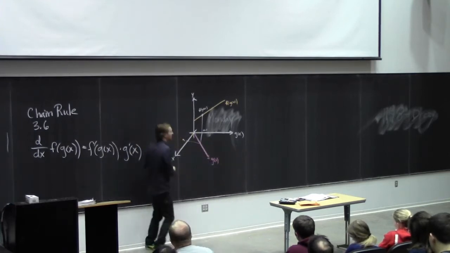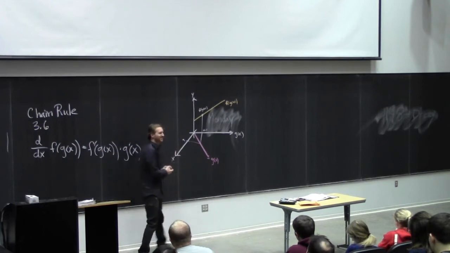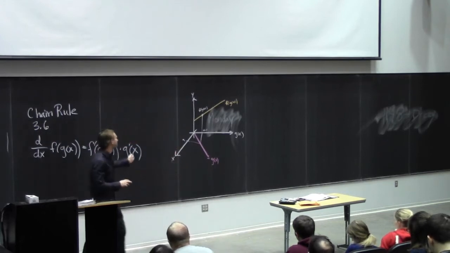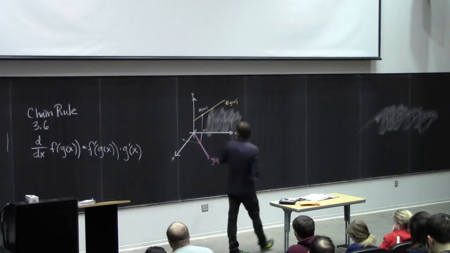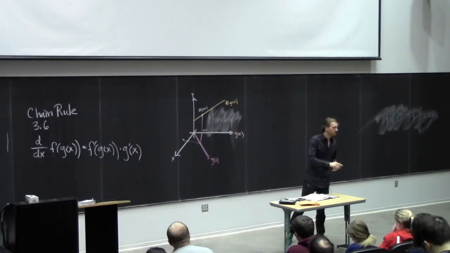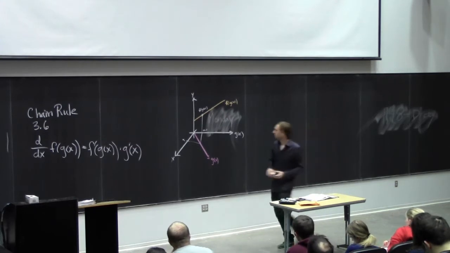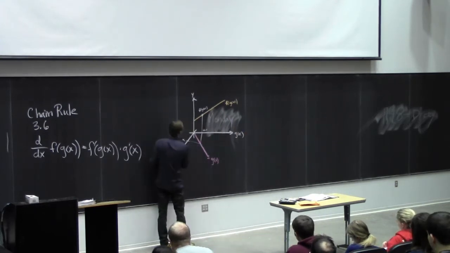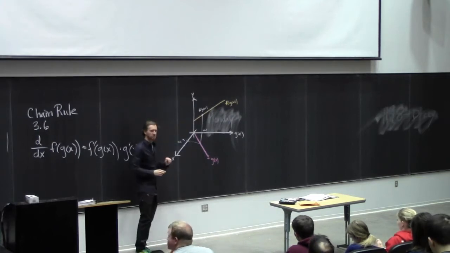Perspective looks better when I'm standing this close to the board. Anyhow, now we want to know what happens when we move a little bit from a. This will be a, and there's a plus h.